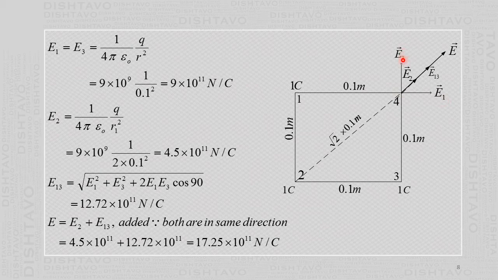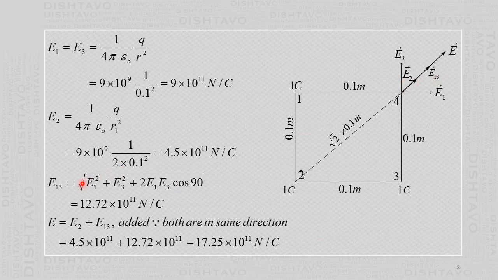Now we have to find the resultant of vector E13 and E2. Again we use this formula, but both of them are in the same direction, so the angle is 0.